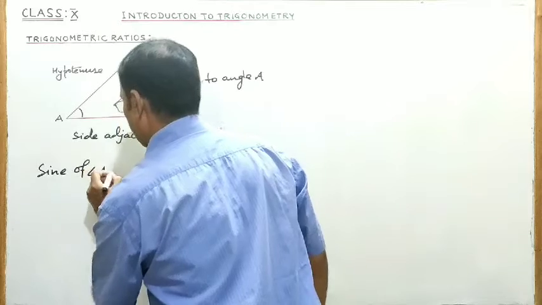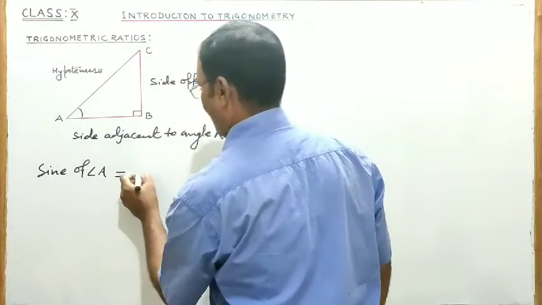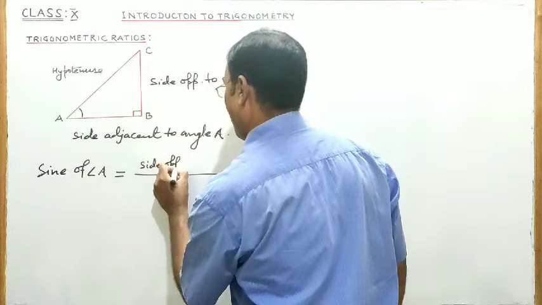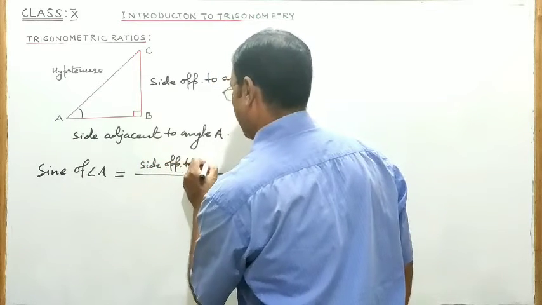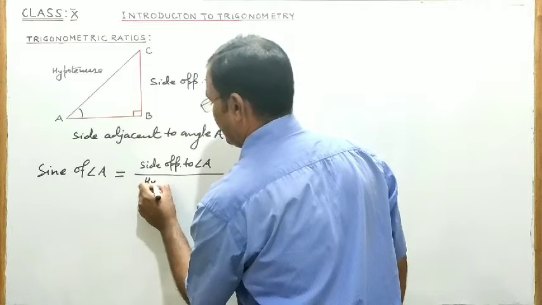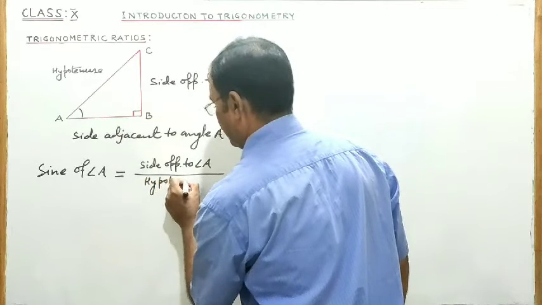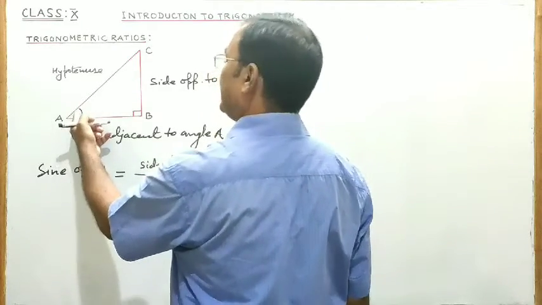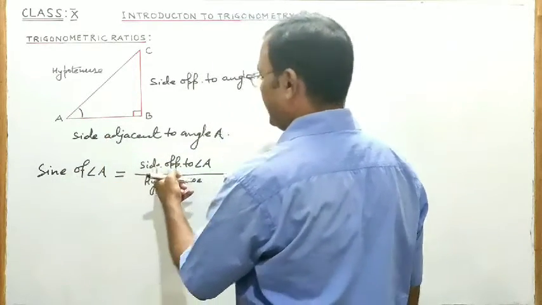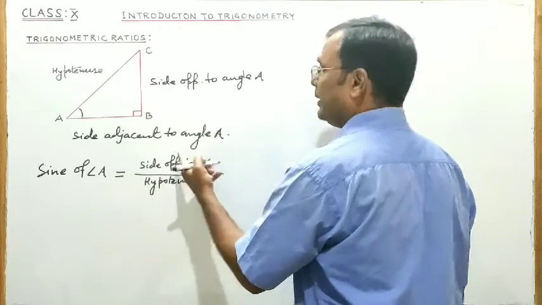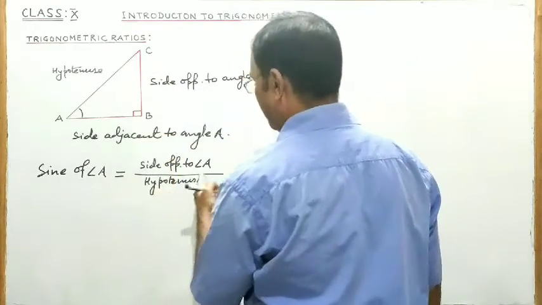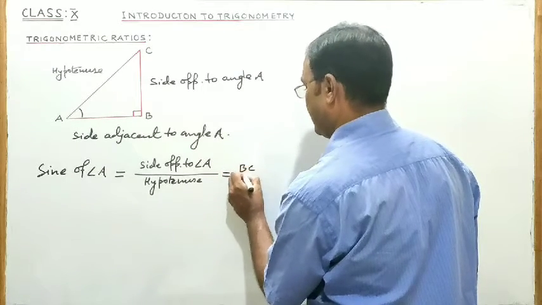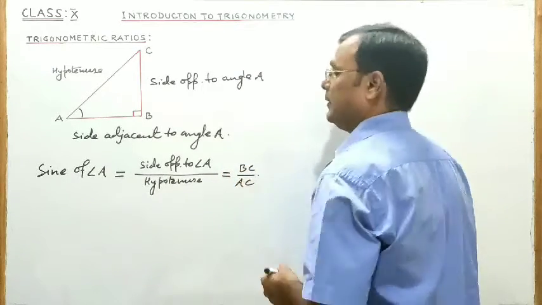Now we are going to define trigonometric ratios for acute angle A, and it is defined as sine of angle A is equal to side opposite to angle A by hypotenuse. So this way sine of this acute angle A is defined as side opposite to angle A by hypotenuse, which is equal to BC by AC.